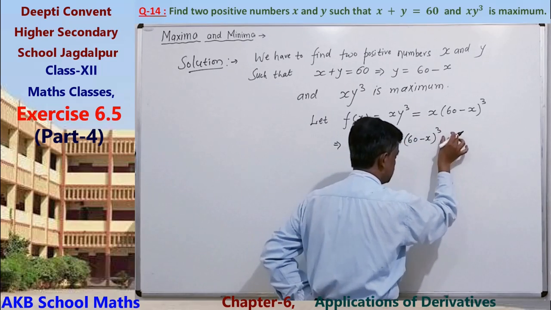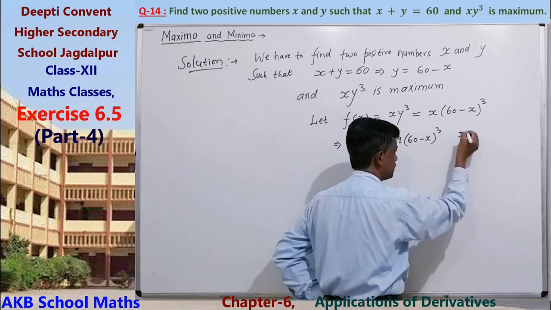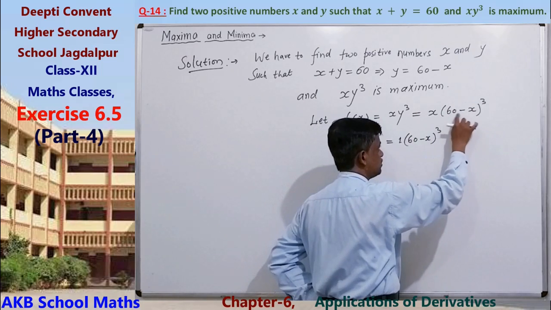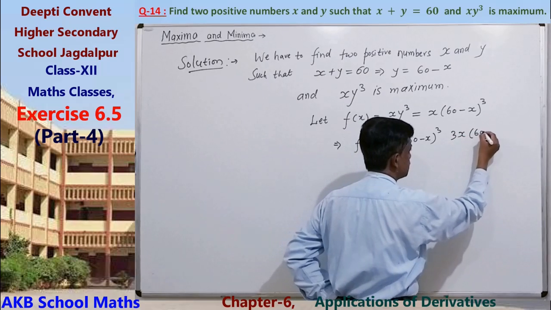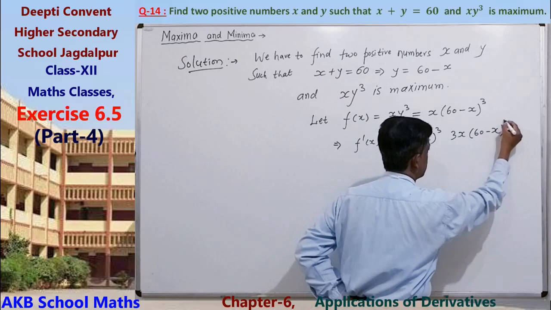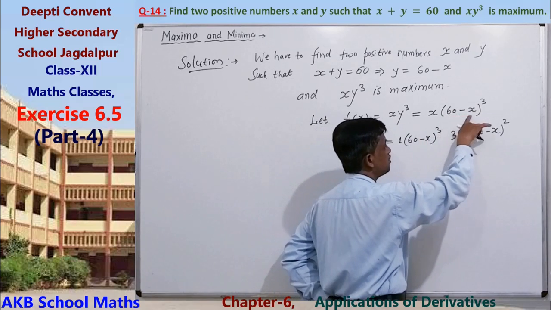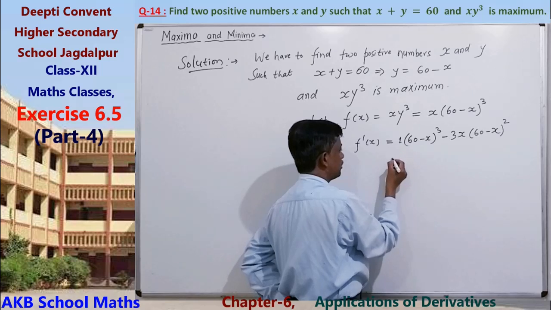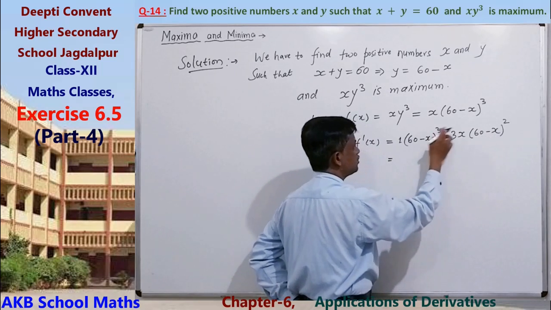Now plus the first function as it is, times the derivative of the second function, that is 3(60 minus x)², and also the derivative of 60 minus x is minus 1. So we can write this as (60 minus x)³ minus 3x(60 minus x)².